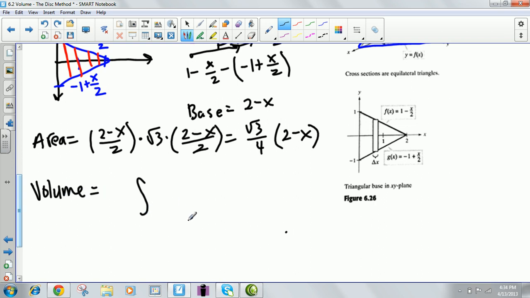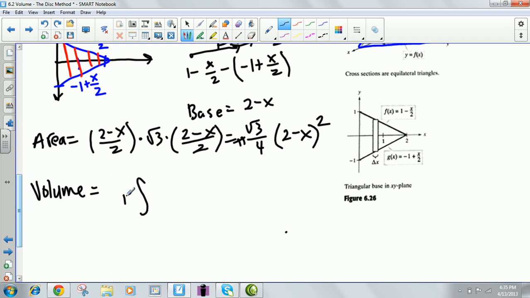That's when you would set up your integral. Oops, the area is pi. My bad. Pi times radius squared. So that's squared, because the radius is 2 minus x. That's the distance from this line to that line.